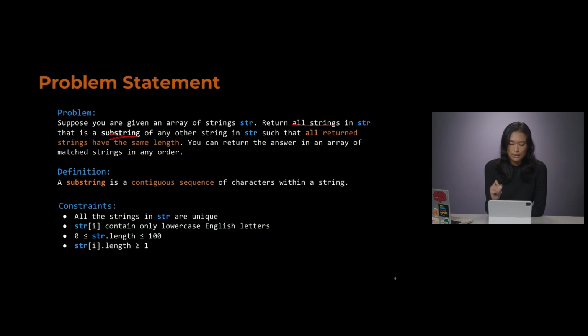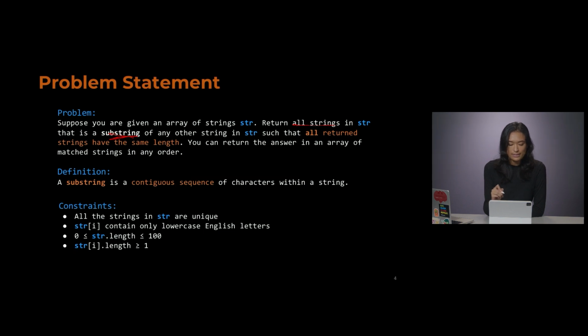And that's one of the most important parts, hence why it's highlighted orange. So when you find your matching substrings in that array str, they need to all have the same length in order for them to be returned. So that's the one catch about this problem. Lastly, you could return the answer in an array of matched strings in any order.